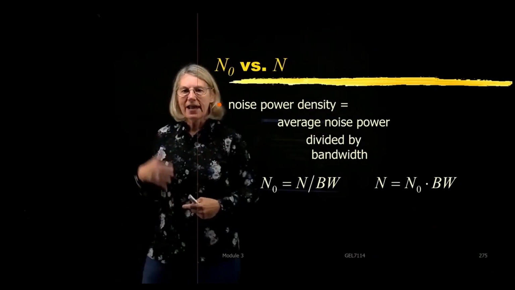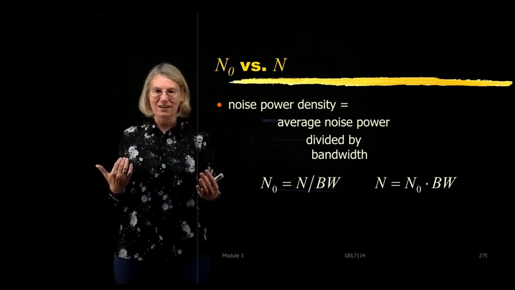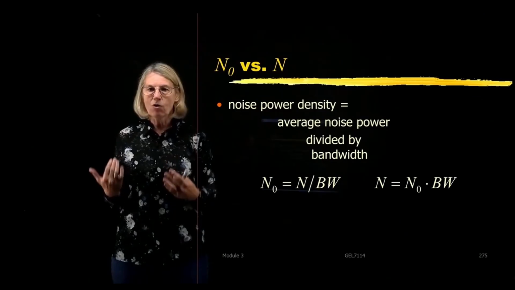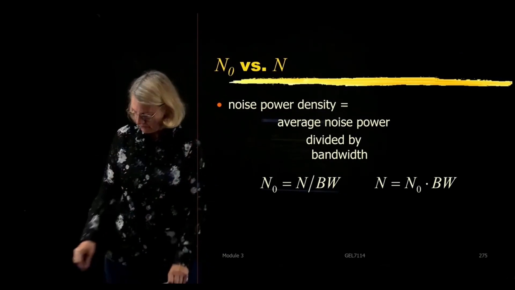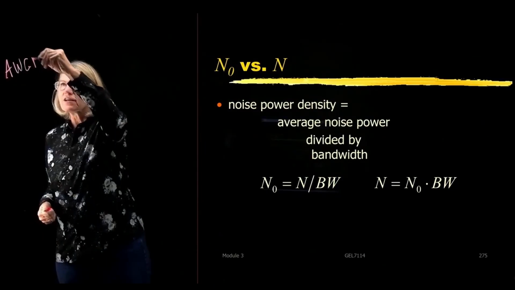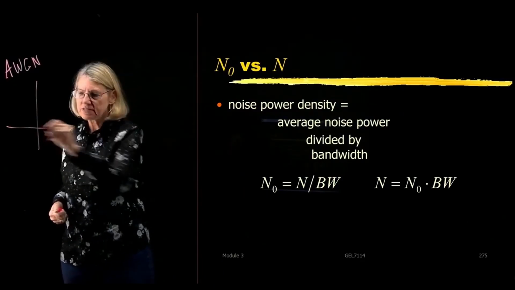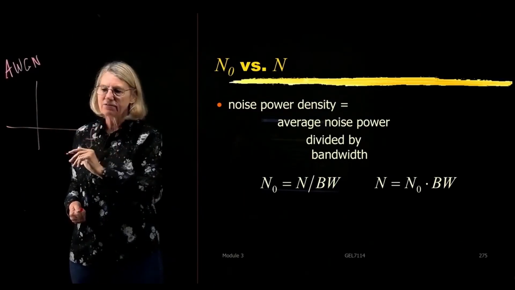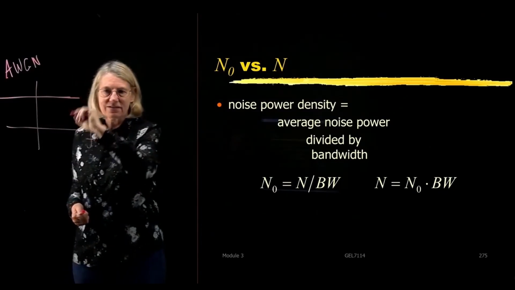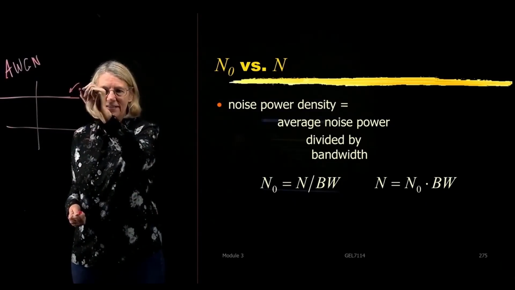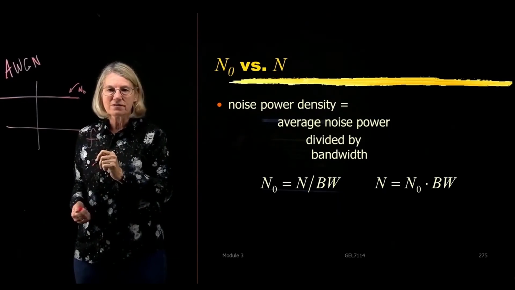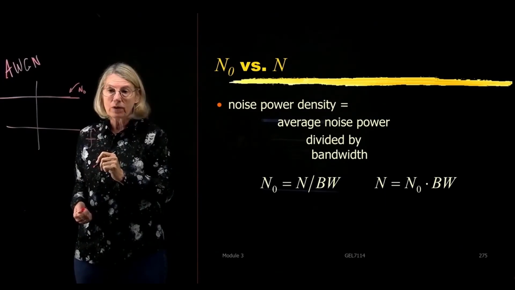Now let's look at N0 versus N. N0 is the power density. If I say that I have additive white Gaussian noise, I know that in the frequency domain, the additive white Gaussian noise is flat. That gives me N0. Now N is the noise in a given bandwidth.